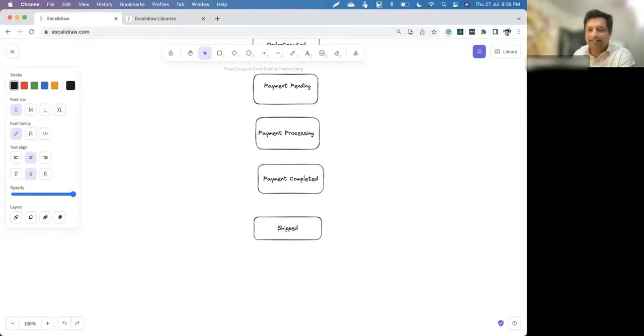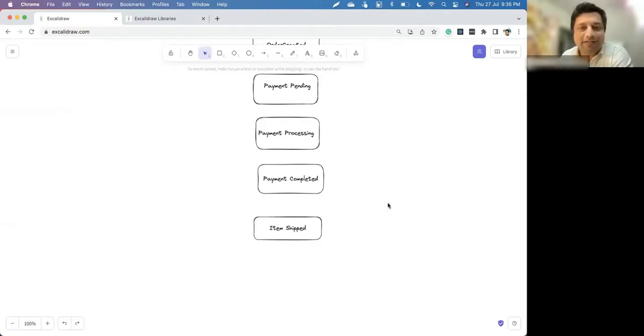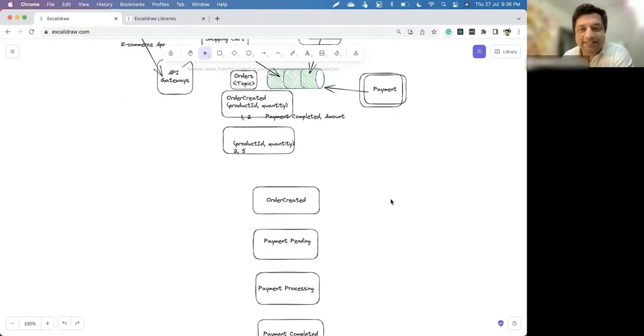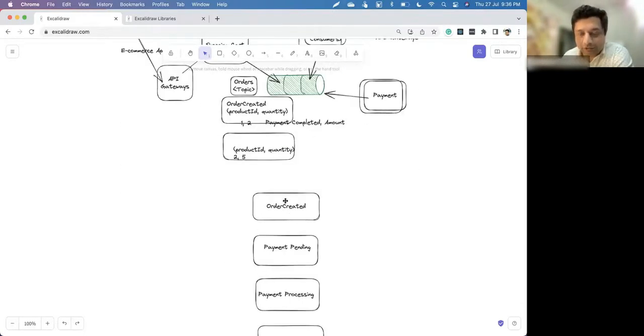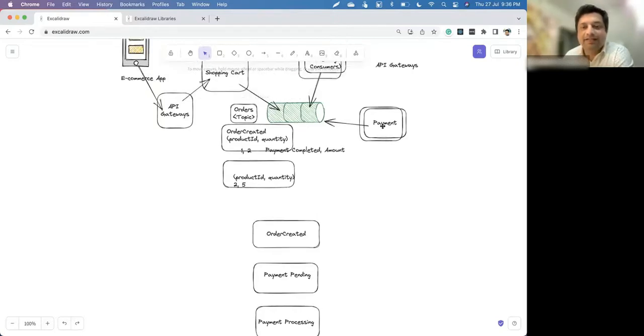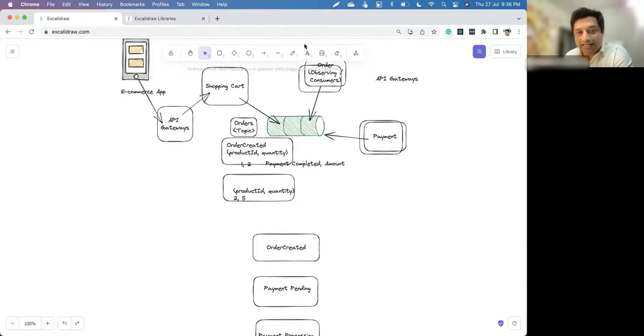So all these apps, they work with message queue, and there are various states, and based on these states in the message, these are also called events, different microservices will take different actions, right? So no calling each other, no waiting for each other, because if you call each other, you have to wait for the response also.